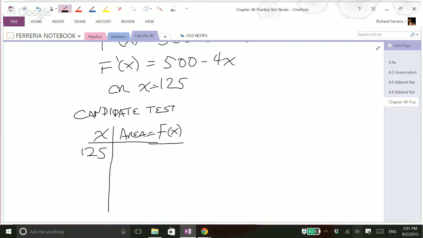Any other candidates we need to test? 0. Need to test 0. Any other candidates we need to test? 250. Any other candidates we need to test? No. Okay. What happens if I plug in 125 into my area formula? By the way, what was the area formula? 500x minus 2x squared. That's great. Okay, let's substitute 125, give me an area.